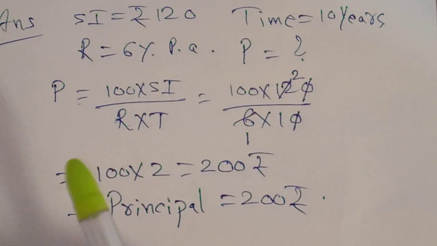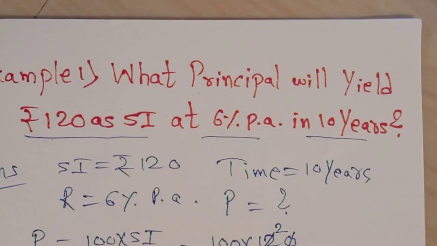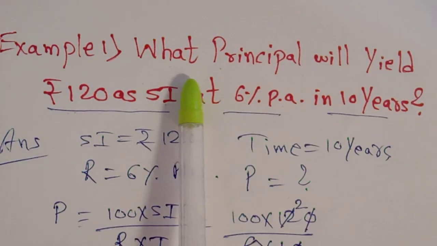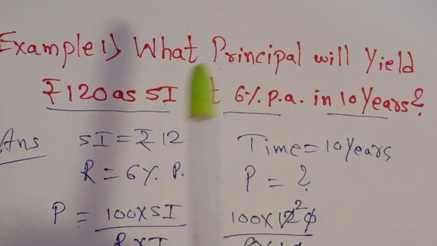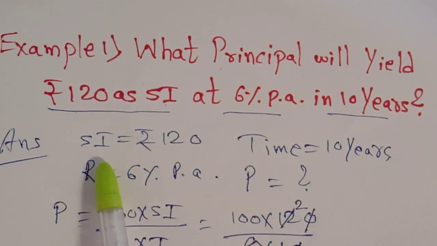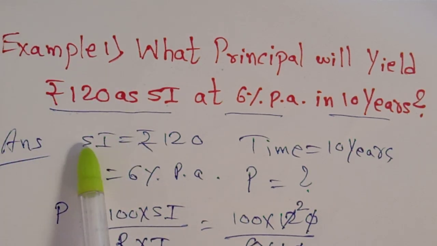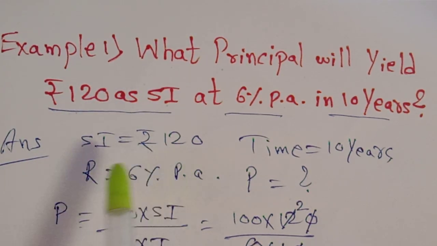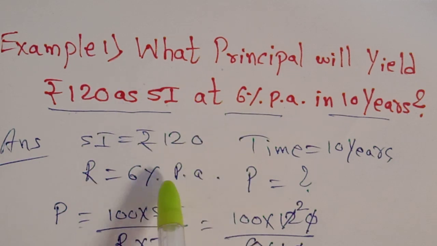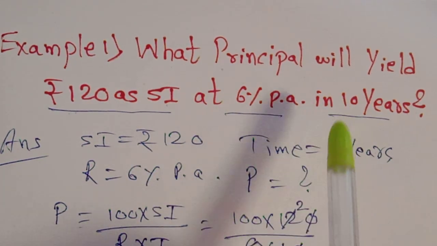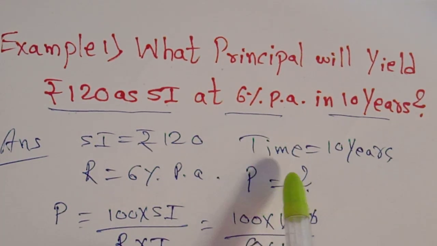Okay students, one more time I will explain. Here first we have to read the question properly and understand. After that we have to write the given data, whatever they have given in the question. Simple interest they have given 120 rupees, rate of interest 6%, time is 10 years, and we have to find the principal.